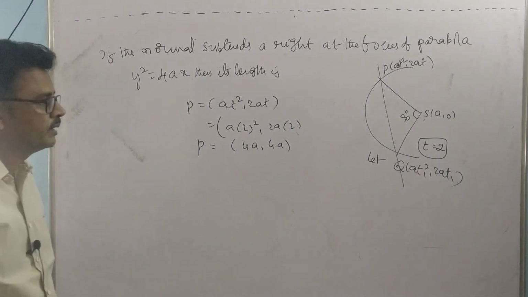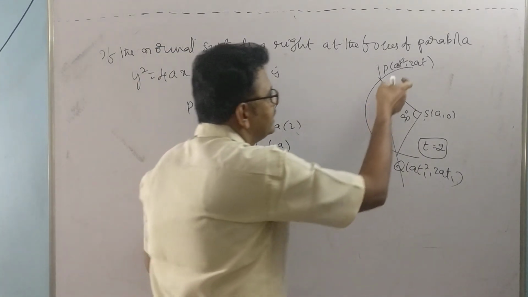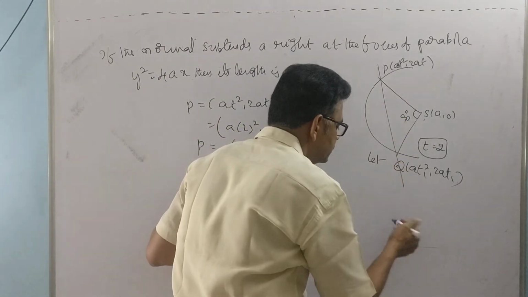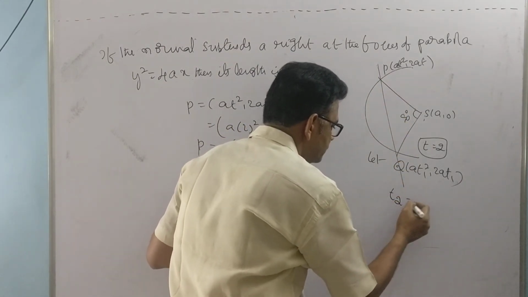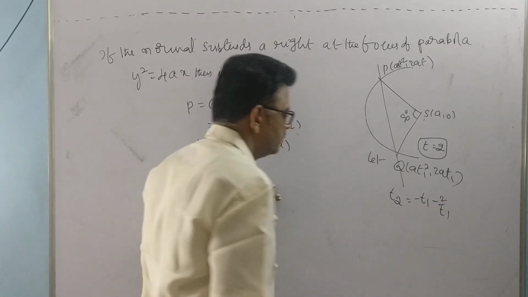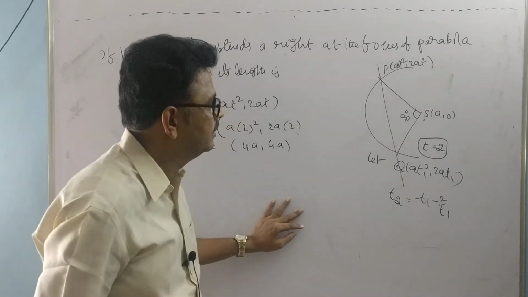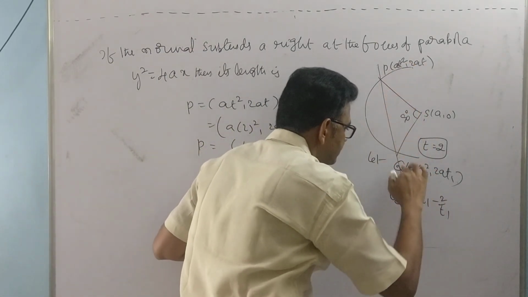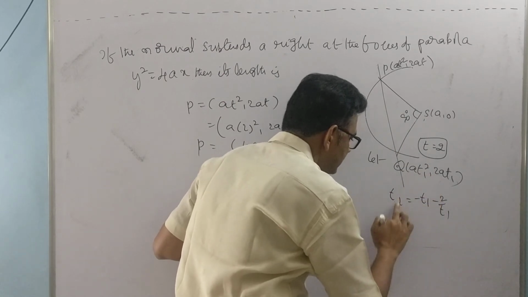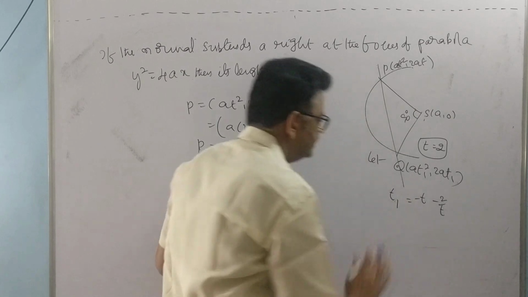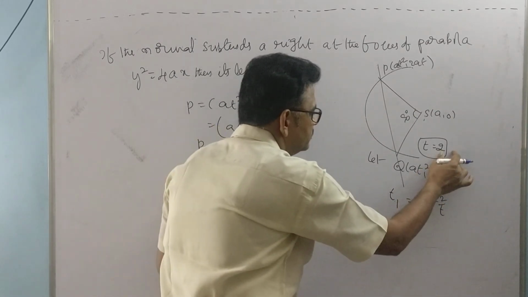And next, the normal at the point t cuts the parabola again at the point t1. Then what is t1 equal to? Minus t minus 2 by t. You know this property also. So t1 is equal to minus t minus 2 by t, where t is equal to 2.